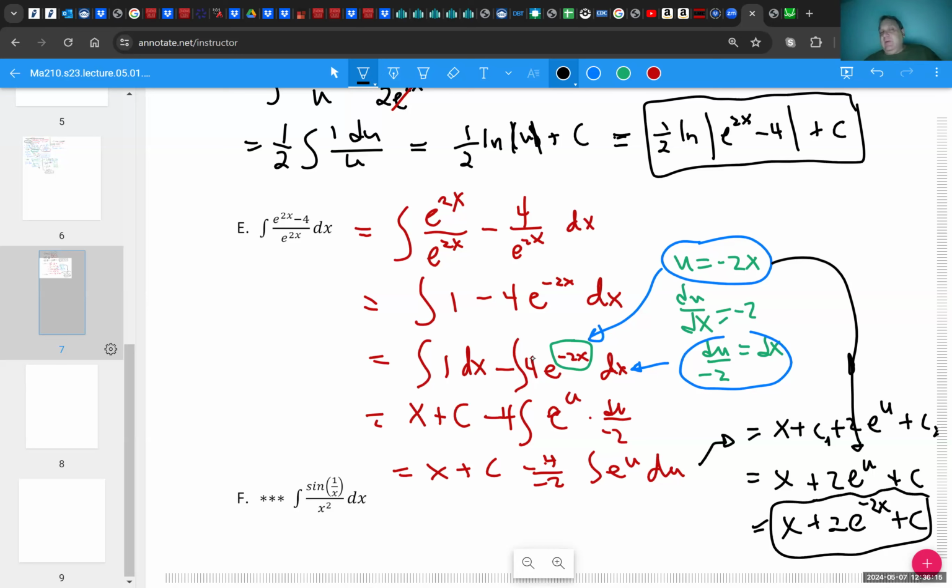That is the antiderivative of the function e to the 2x minus 4, all divided by e to the 2x, dx. The reason I wrote it this way: if you did this problem using u substitution, it can work if you choose u equal to e to the 2x.